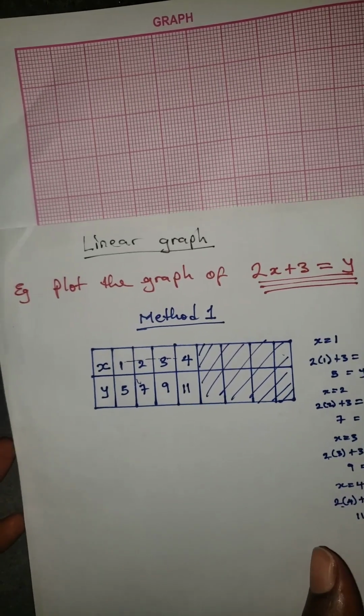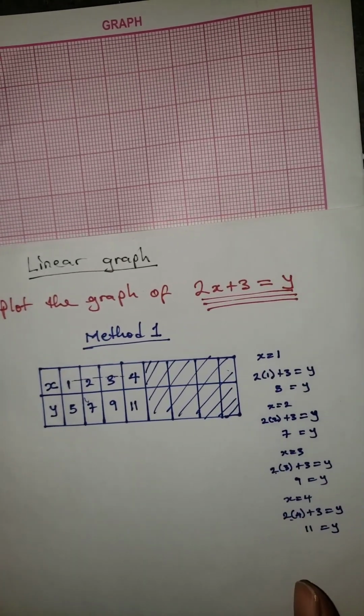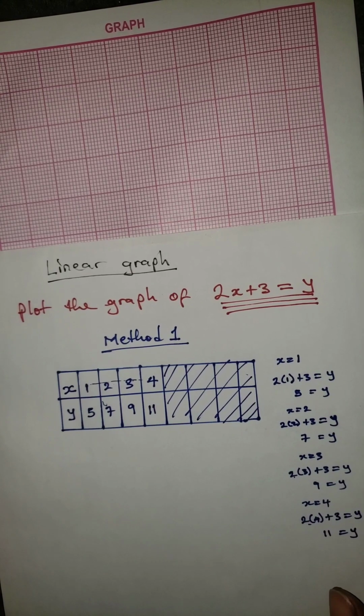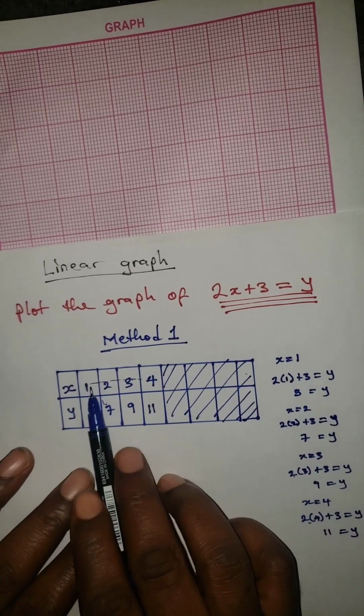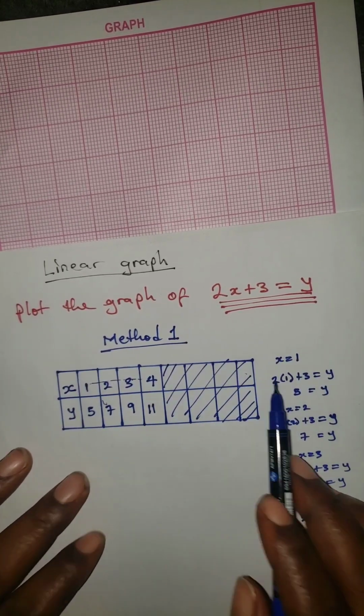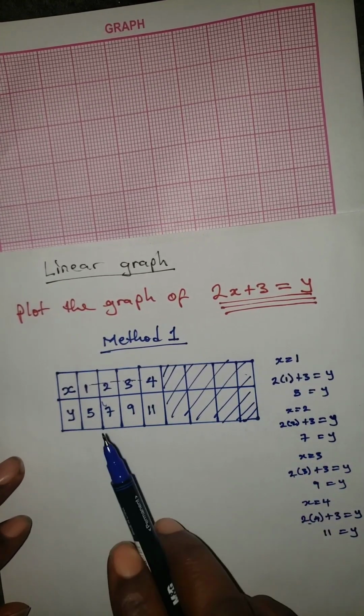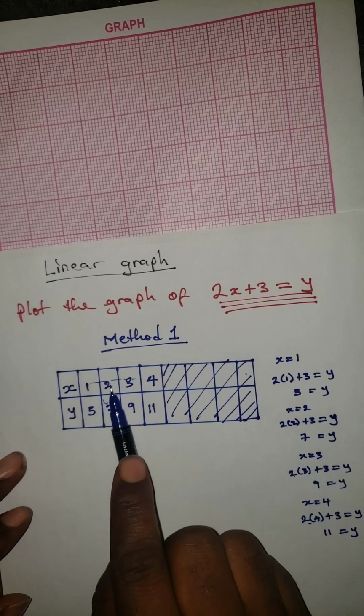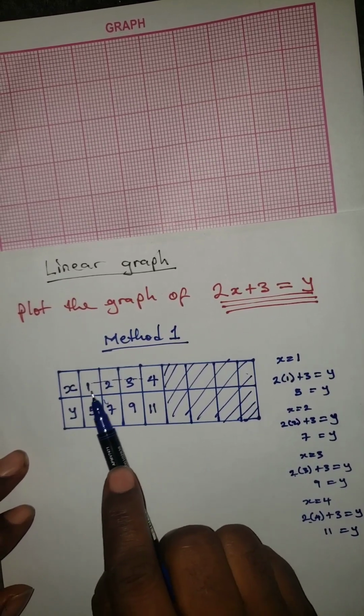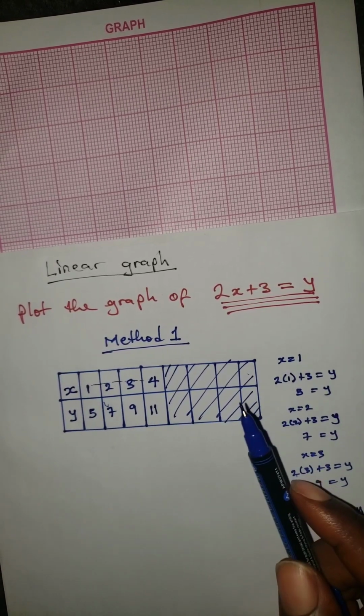Like I said before, it does not matter if you have up to 3, 4, 5, 6, 7, or more values of s. So long as you have up to 2, 2 is enough to give us our straight line.